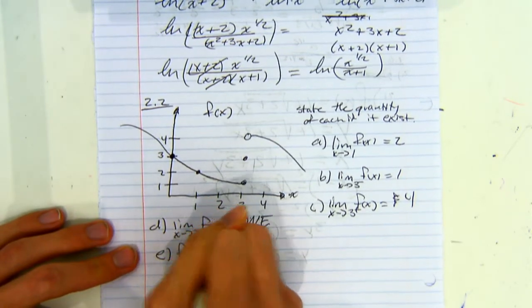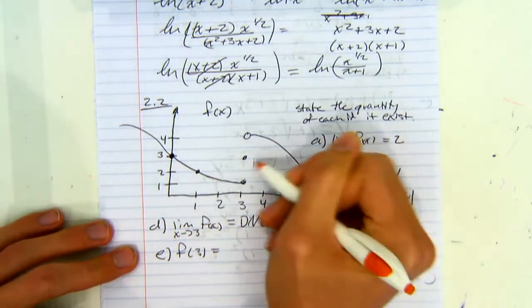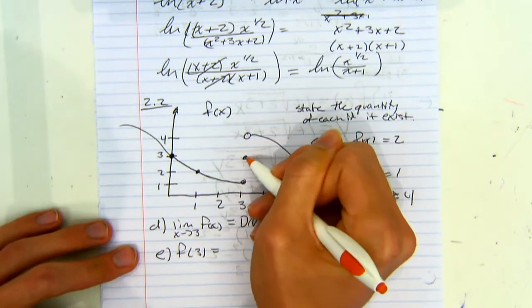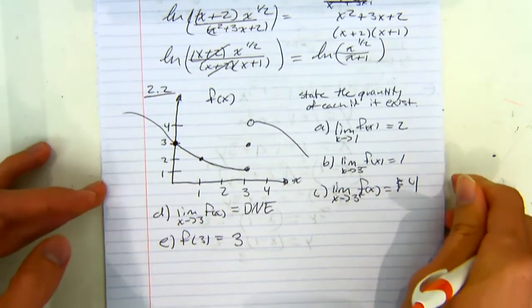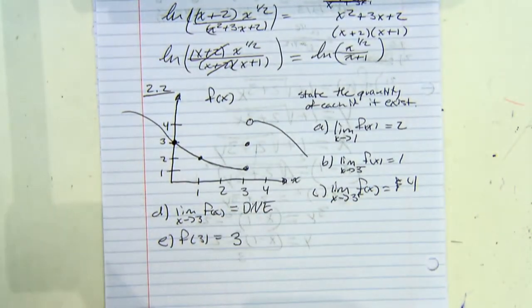And then finally the function at 3, which is wherever the function exists at the point 3. So it is 3. Any questions? All right, moving on.